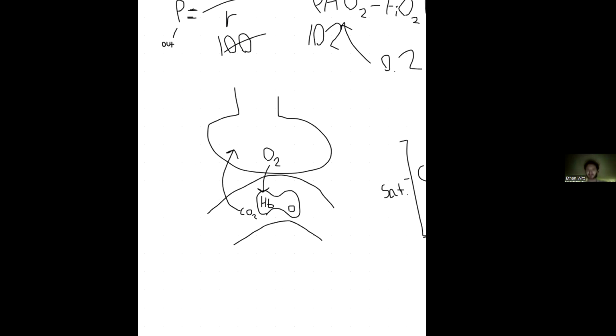I'm going to grab my charger as I'm explaining this next part. But hemoglobin has this cooperative binding principle. That means its affinity for oxygen increases as oxygen begins to bind.